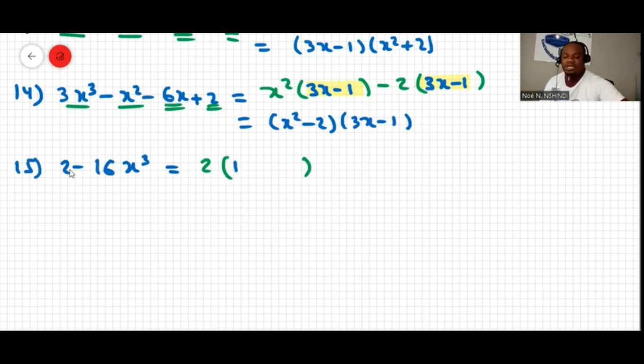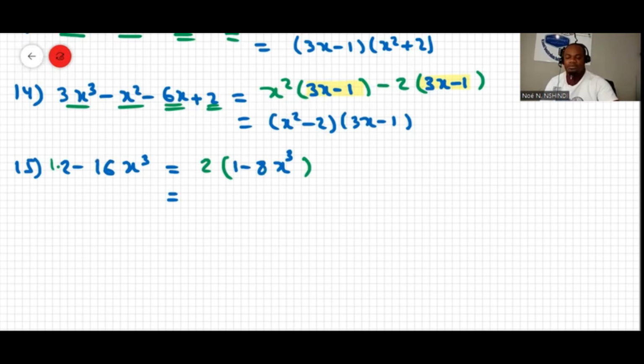Because sometimes students think if you take 2 out, there's nothing left, but 2 is like 2 times 1, there's an invisible 1 there. So when I take 2 out as a common factor, it's going to be 1 left in the bracket, minus 8x to the power of 3.